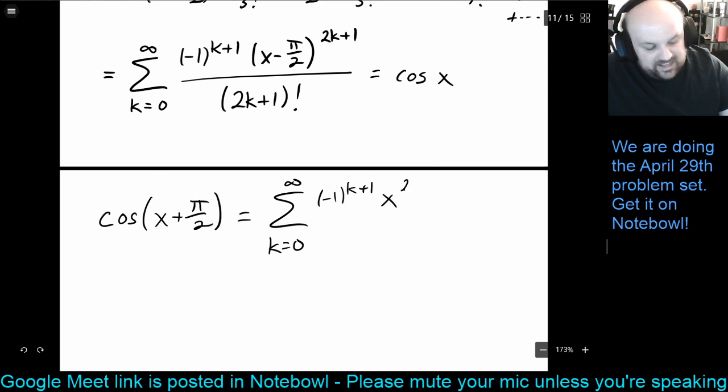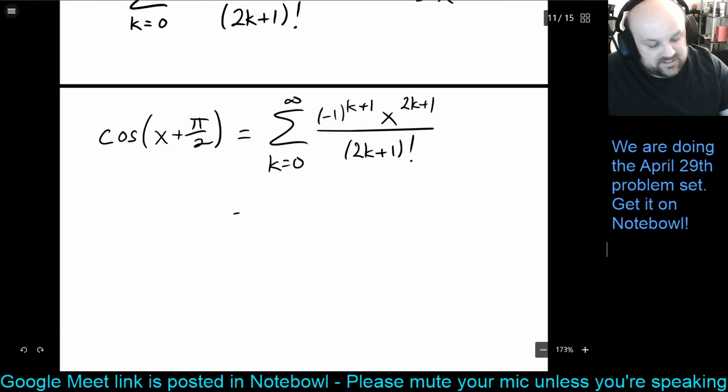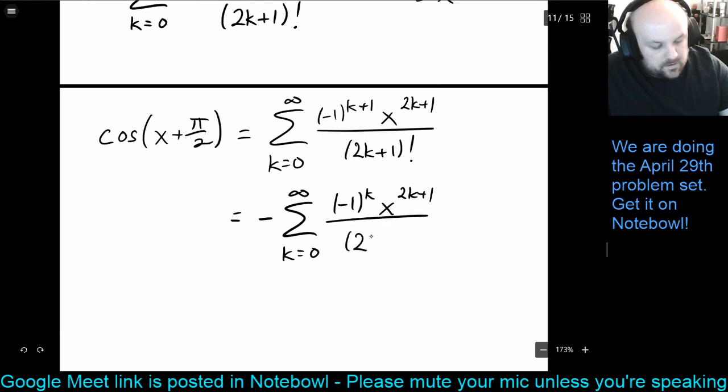And this is just going to be x to the 2k plus 1. And now, this just has one extra negative sign from being exactly the Maclaurin series for sine. So just factor out that negative. And if you do that, you can see, well, this is negative sine of x.